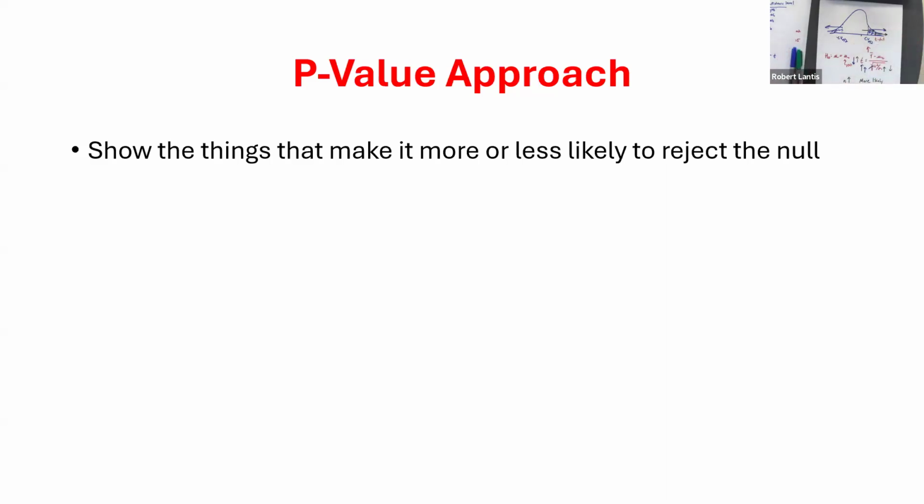Technically, I should be doing everything in absolute value, but just for the sake of not throwing in a bunch of these brackets. If I find a sample mean that's even further away from my assumed true mean, what's going to happen to my test statistic? It's going to go up, which should make it more likely, right? So these are the three things that can change that'll make it more or less likely I reject that same assumed true value, okay?